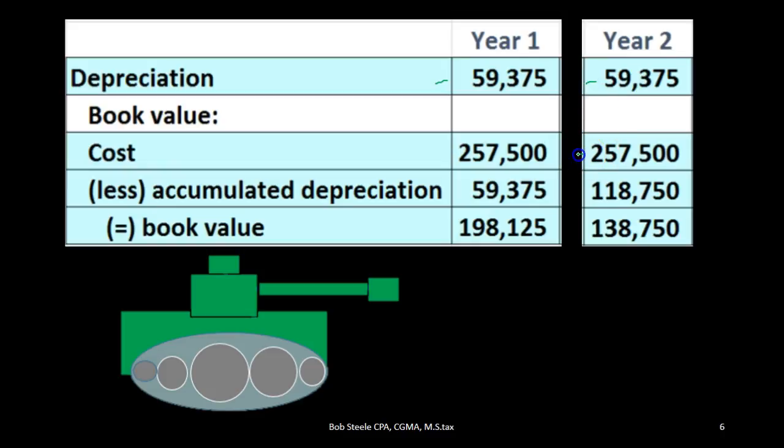The cost would be the same, but the accumulation would go up by the amount of depreciation that has accumulated. Year one, $59,375, plus year two, $59,375, bringing us to $118,750. The $257,500 cost minus the $118,750 brings us to the book value of $138,750 book value at the end of year two.